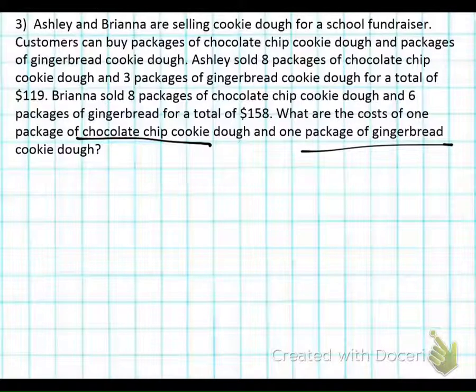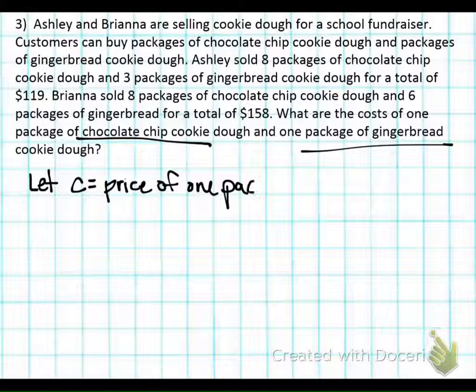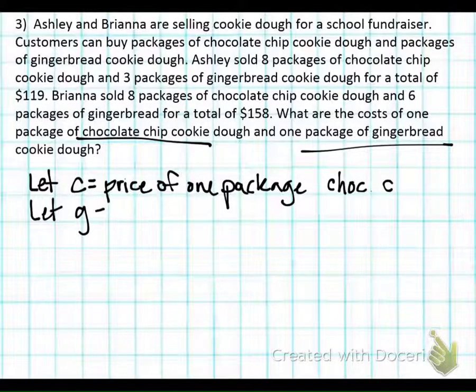Okay, so for my variables on this problem, I would let C equal the price of 1 package of the chocolate chip, and I would let G equal the price of 1 package of gingerbread.